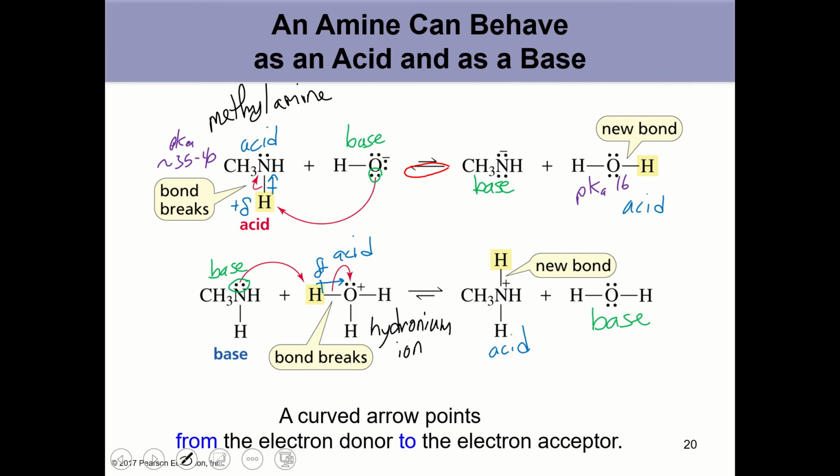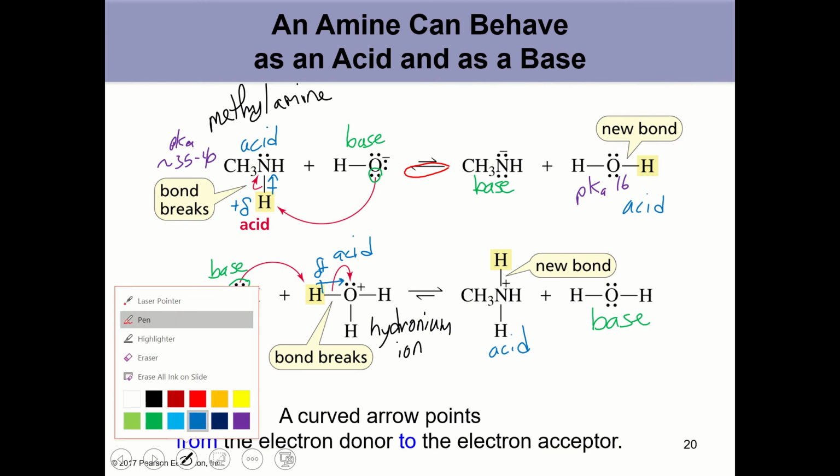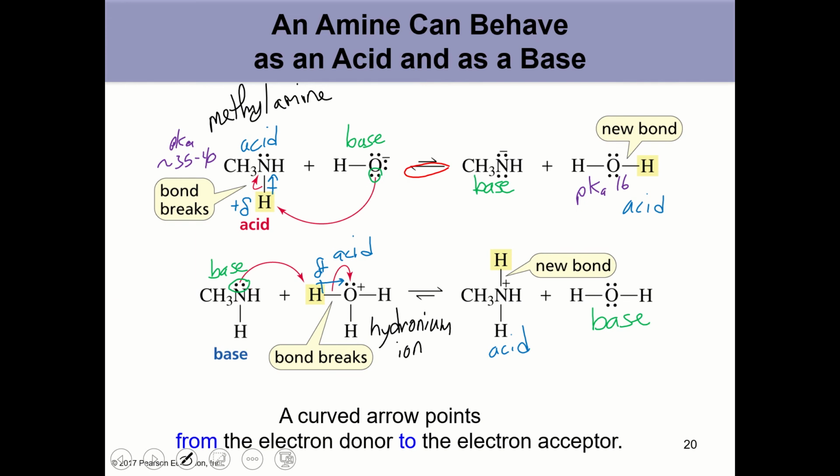We can identify which side of the reaction is favored by writing in the pKa's of the two acids, the acid in the reactant and the acid in the product. As stated previously, the pKa of hydronium ion, protonated water, is approximately -1.